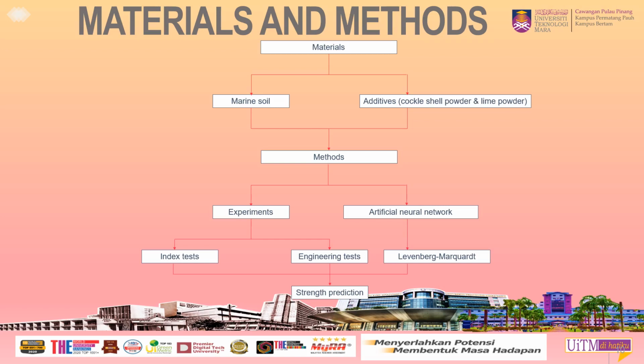First were experiments, and the second was an artificial neural network to predict the strength of the soil. The experiments were conducted to determine the index properties and also the engineering properties of the soil, and then the results will be used as input in the ANN.